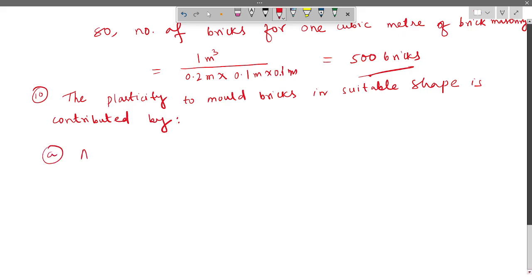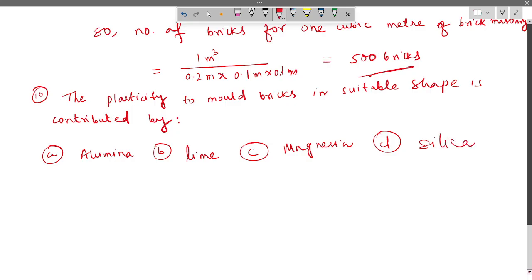First one is alumina. The next option is lime. Third one is magnesia, and last option D is silica.